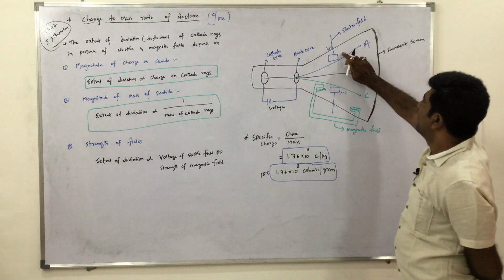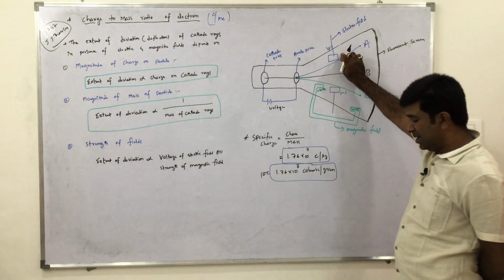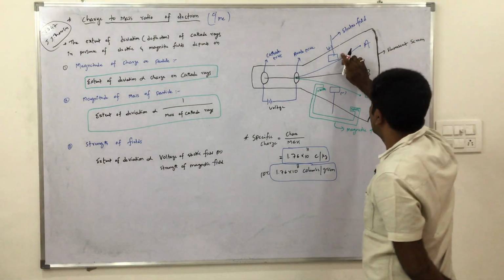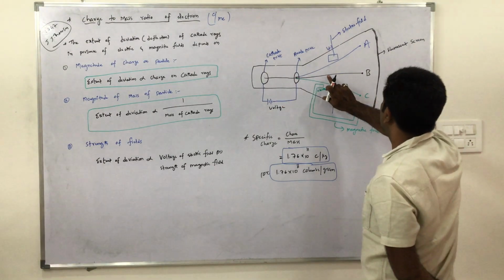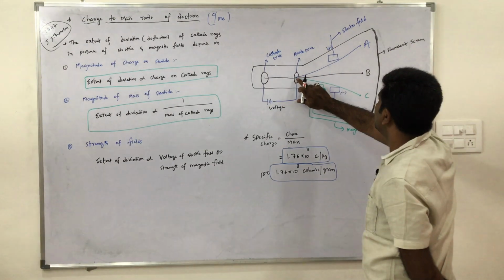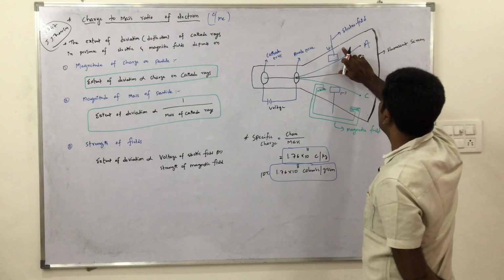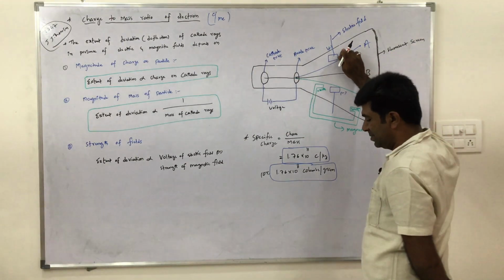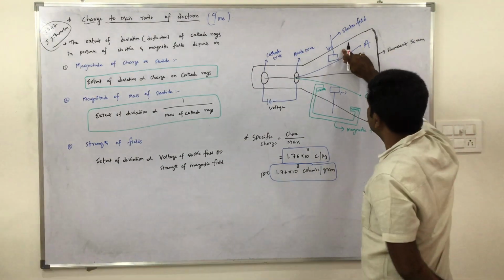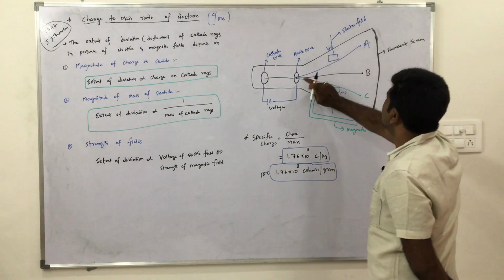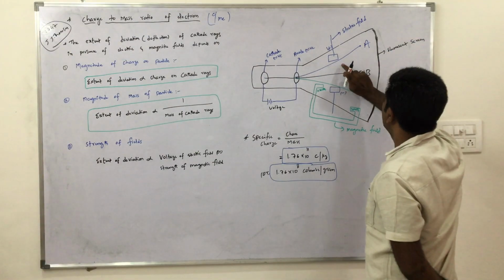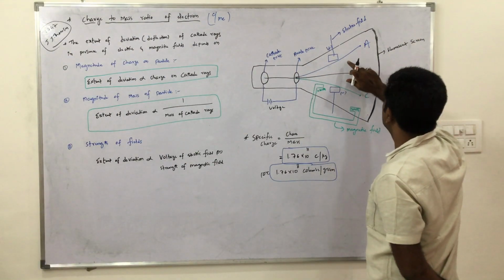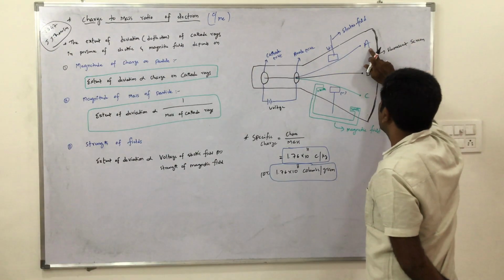He applied an electric field. Now cathode rays travel up to here and deviate towards the positively charged plate of the electric field. The cathode ray traveled and deviated from the original path to point A. Why?